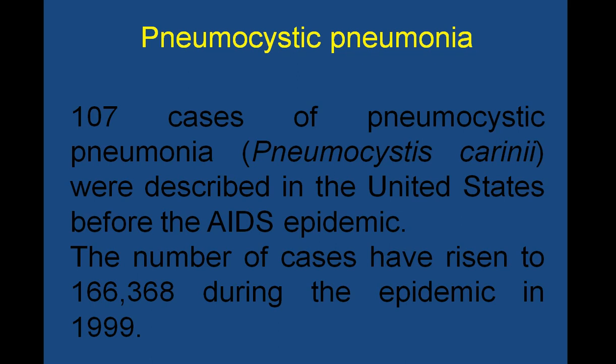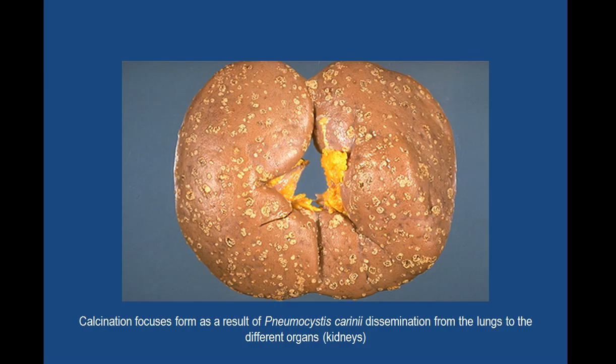107 cases of pneumocystic pneumonia were described in the United States before the AIDS epidemic. The number of cases has risen during the epidemic in 1999. You see that calcification foci form as a result of Pneumocystis carinii dissemination from the lungs to the different organs.